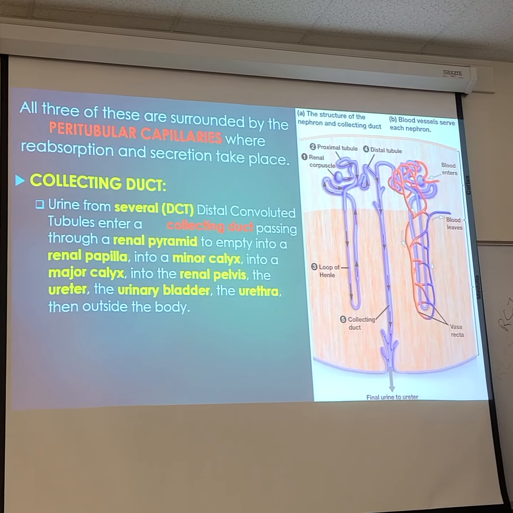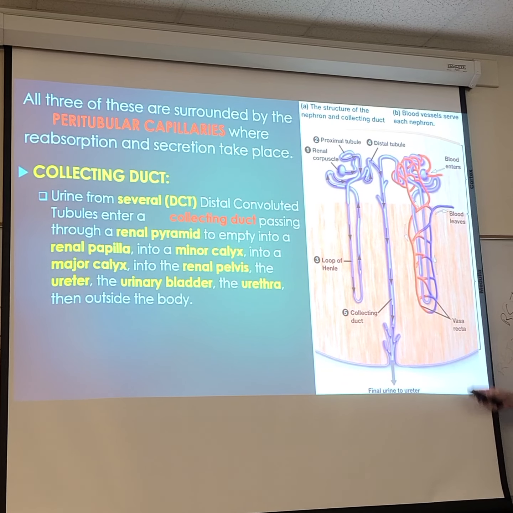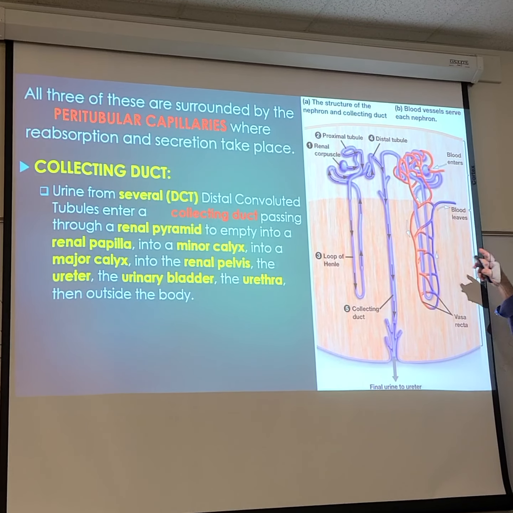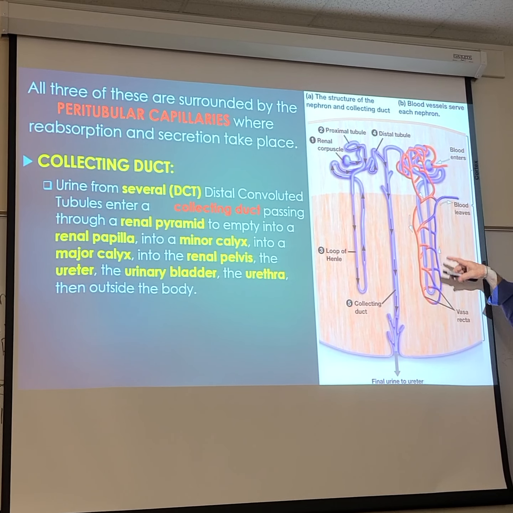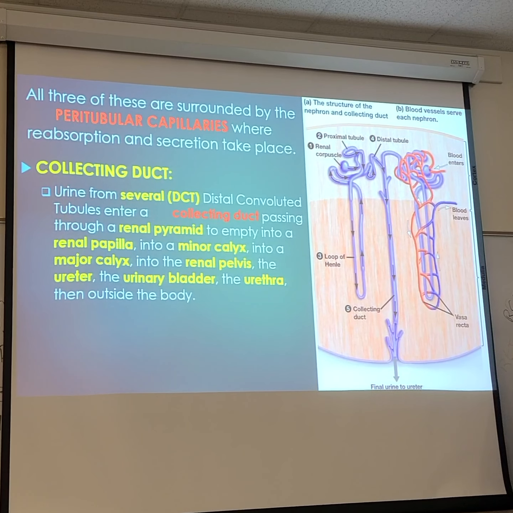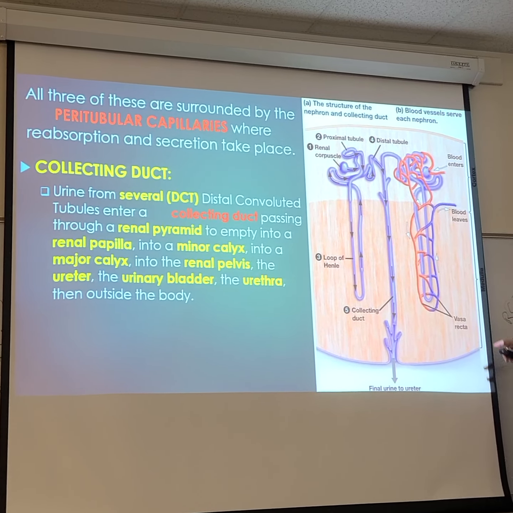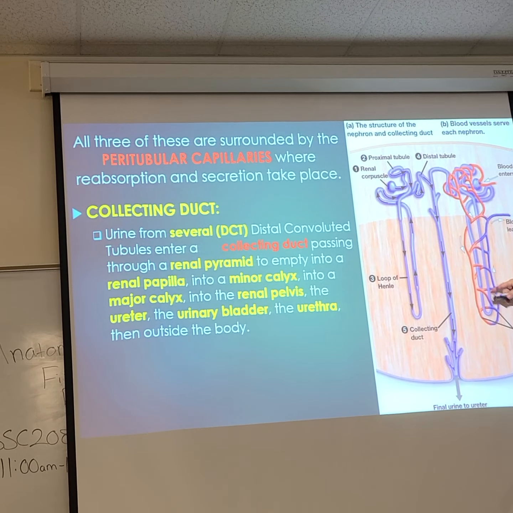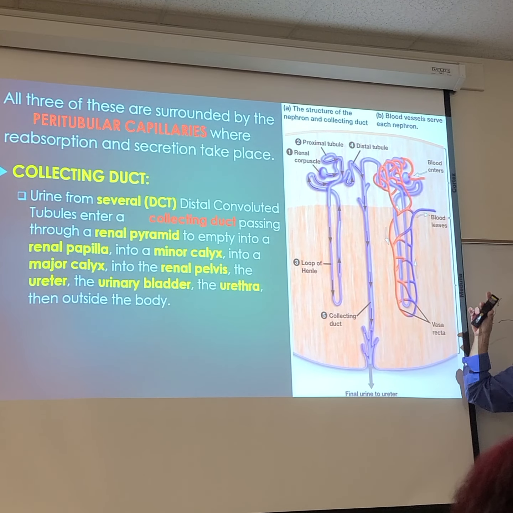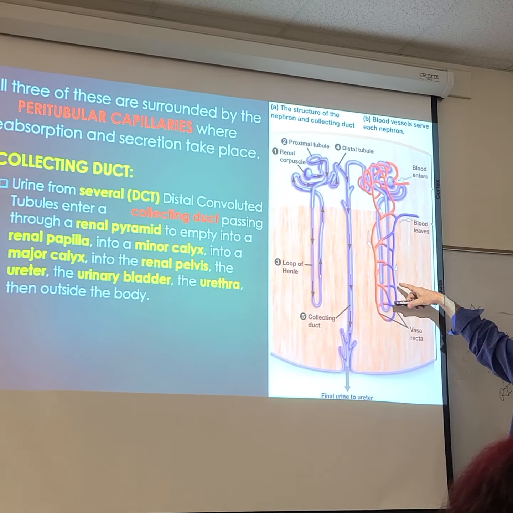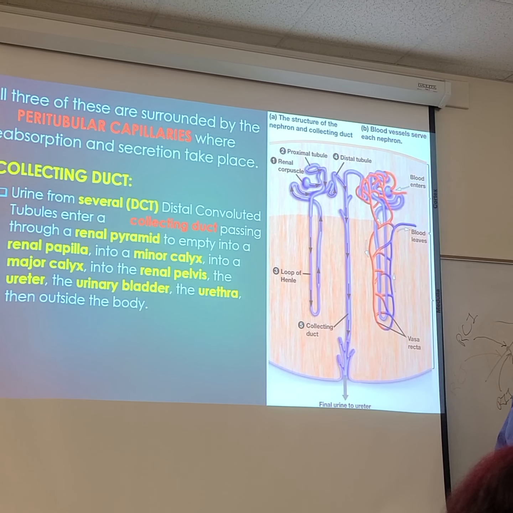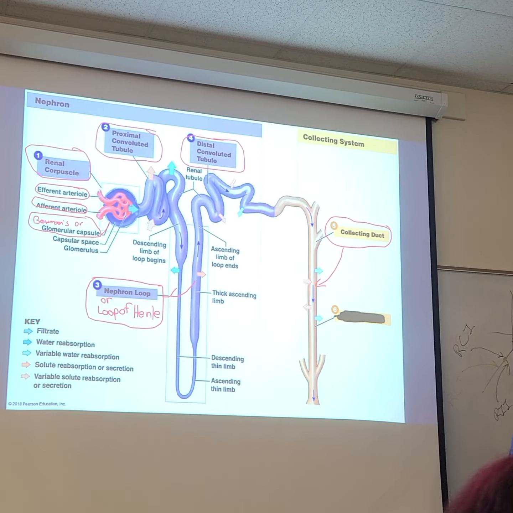In your lecture class, you are going to get the different names of the different segments of the peritubular capillaries, like the vasa recta. We don't get that specific in lab. It's specifically the peritubular capillaries that surround the loop of Henle, or the nephron loop, is called vasa recta, but we don't get that specific. If we come to those, we just want peritubular capillaries, all right?